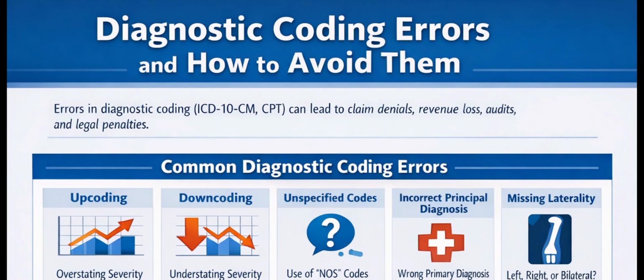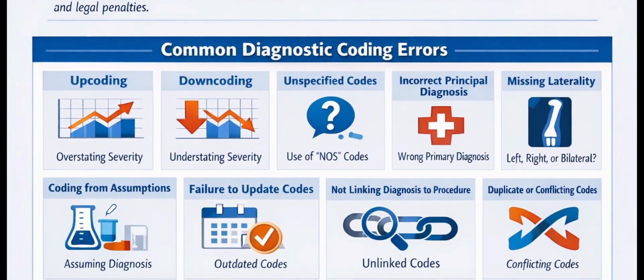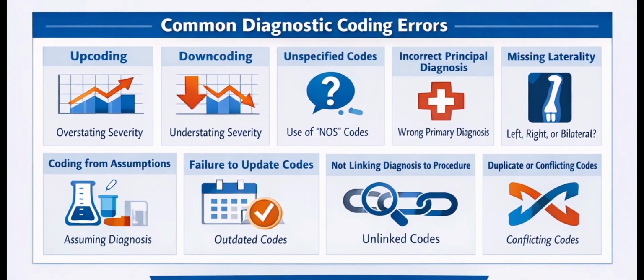So, what are the common diagnostic errors? First of all, we will talk about upcoding. Upcoding is simply defined as assigning a code that reflects a more severe diagnosis than documented. For example, coding acute respiratory failure when documentation supports only shortness of breath.